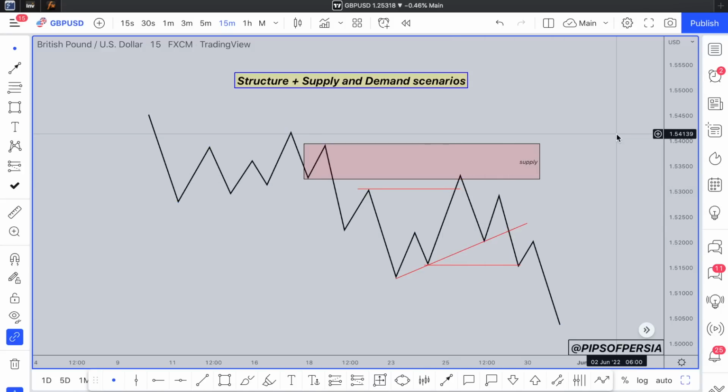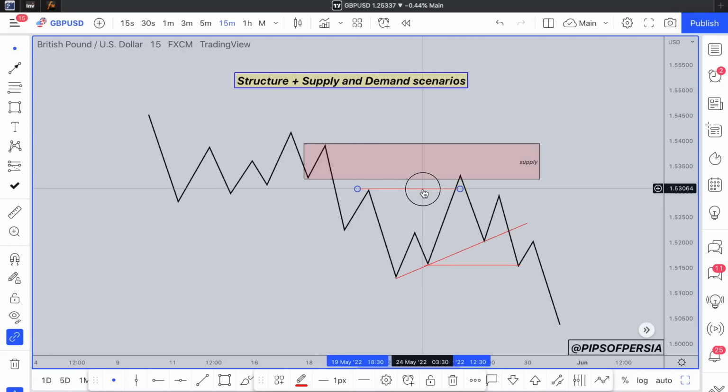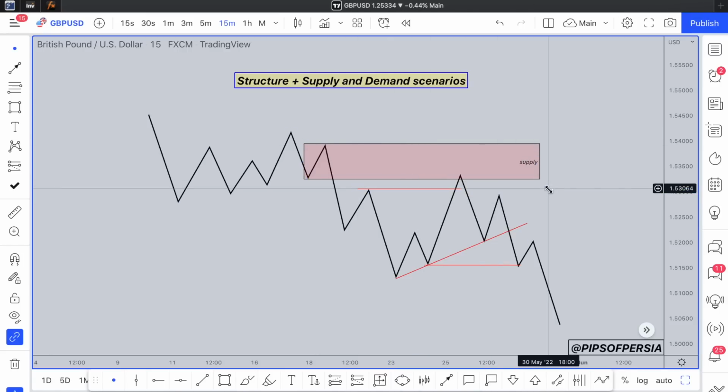So as I said, sometimes what you will perceive as a break of structure is not a break of structure if it's coming back up to react off of an unmitigated level of supply that's a major level higher than your structure point. In that case, that structure point is simply liquidity. That's all it is.